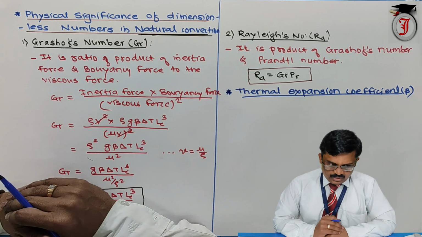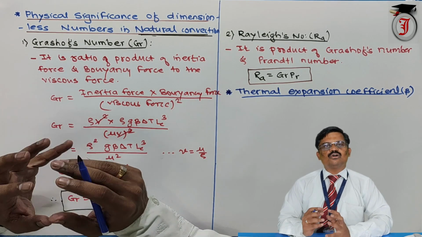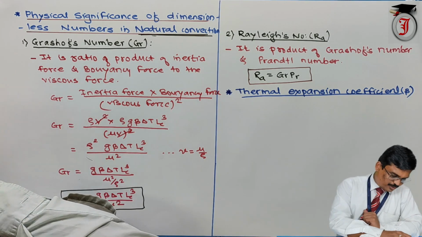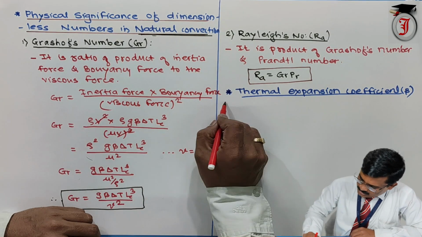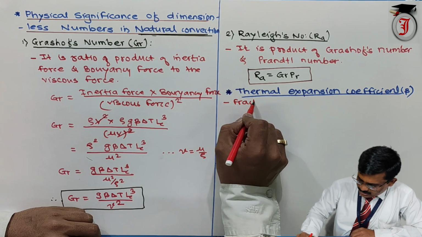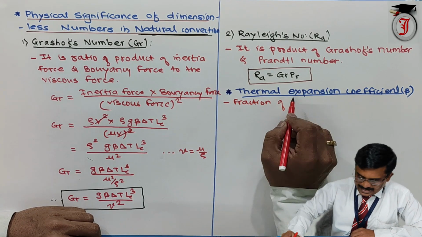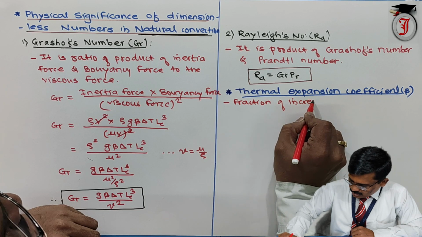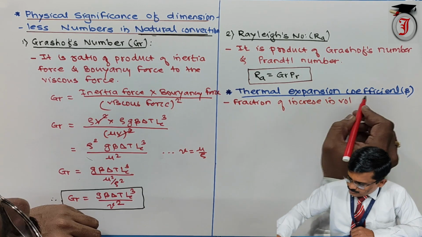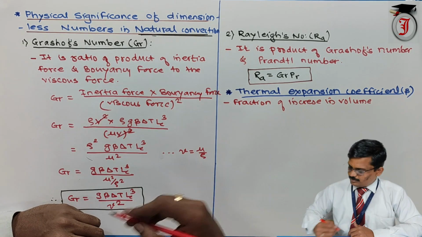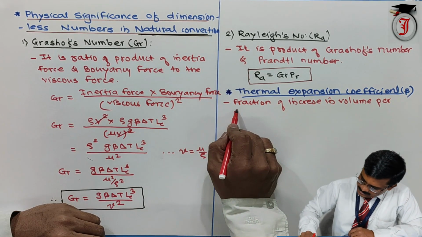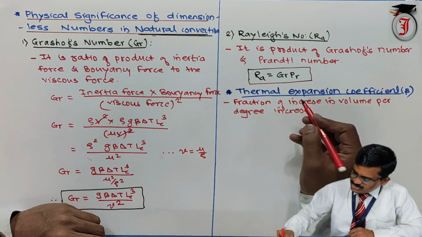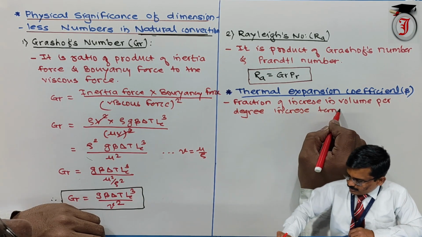Thermal expansion coefficient is defined as the fraction of increase in volume per unit change in temperature, that is, the fraction of increase in volume of a fluid per degree change in temperature of the fluid.